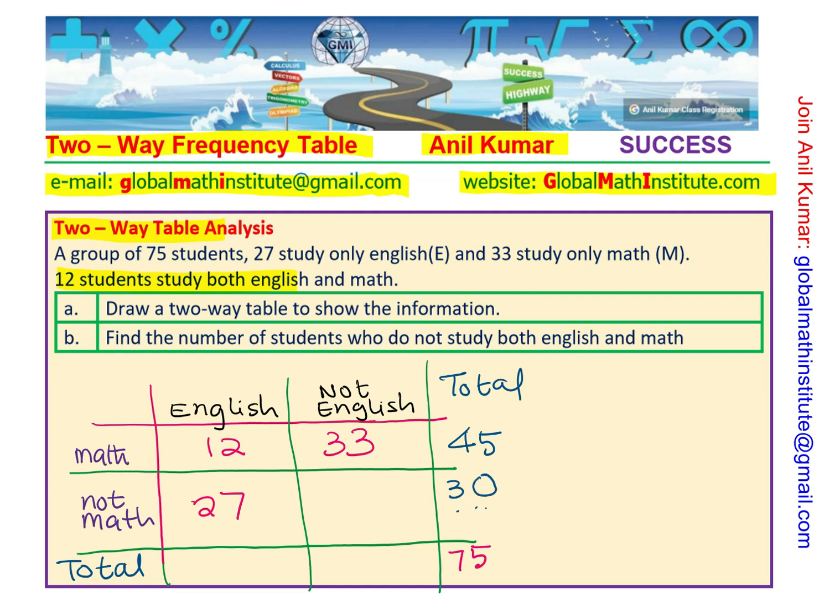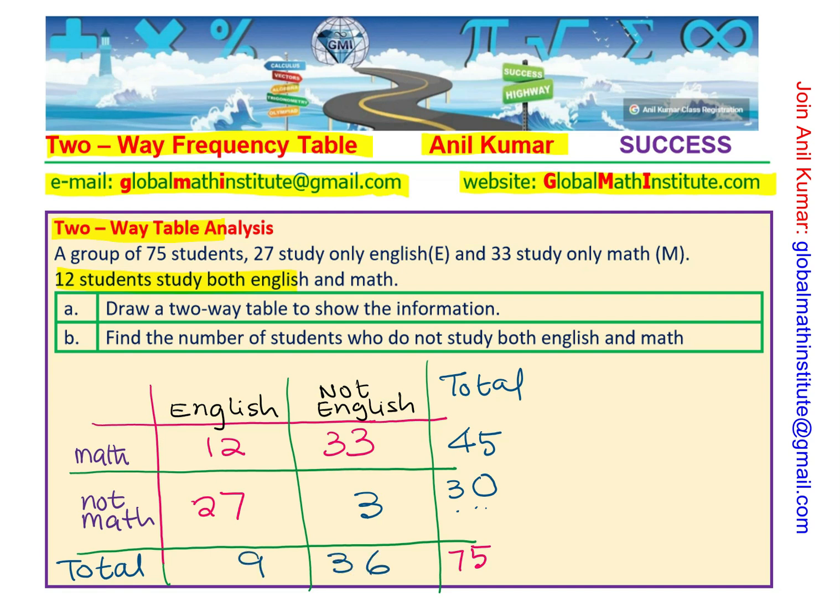With this 30, as the sum of not math, 27 we already have, 3 are left. And now, therefore, we can total the others. So we have a total of 36 here, and 27 plus 12 is 39. Do you see that? You can verify that the grand total of both rows and columns is 75.